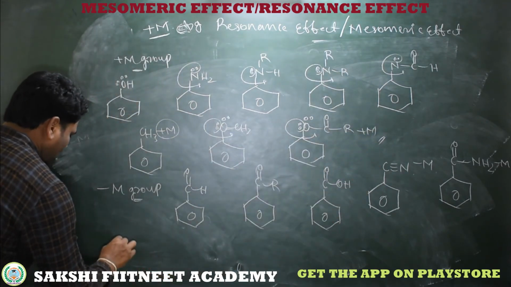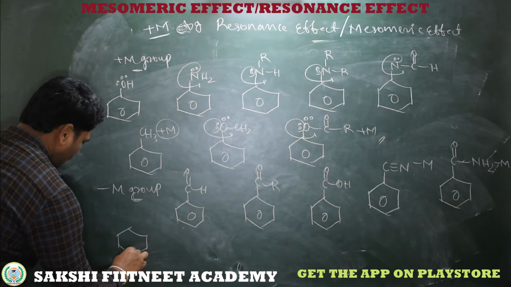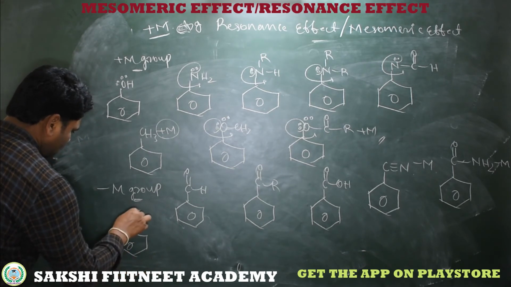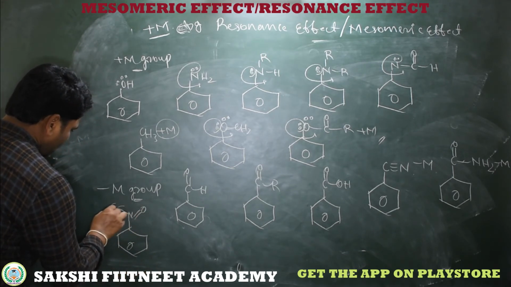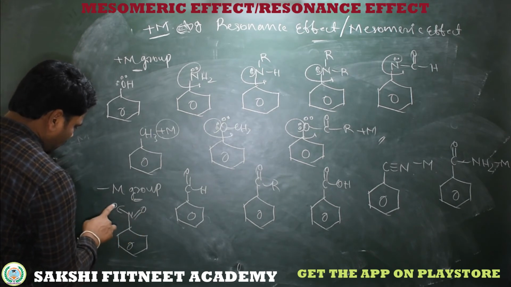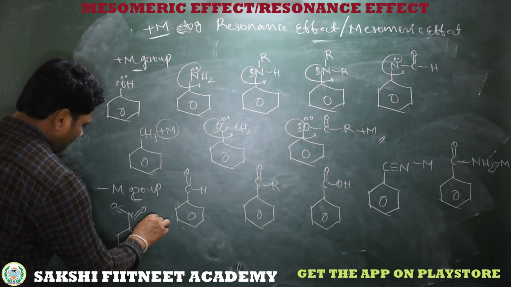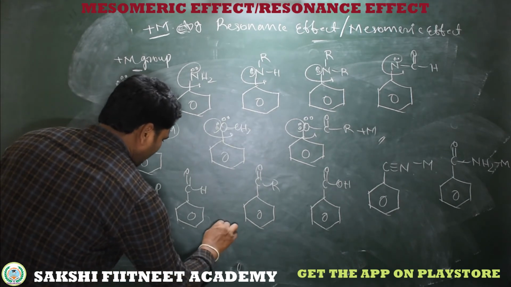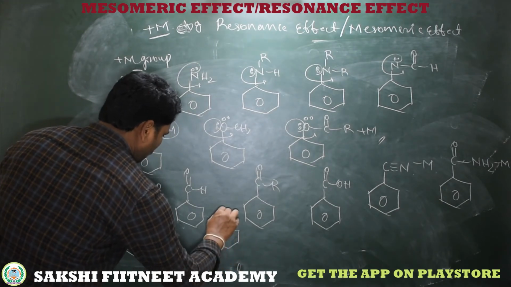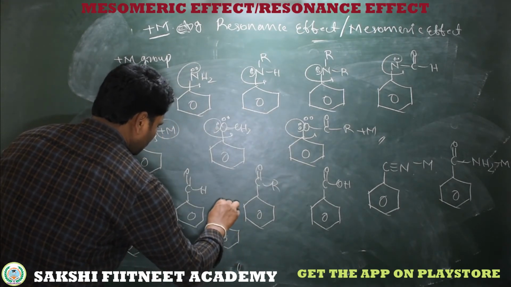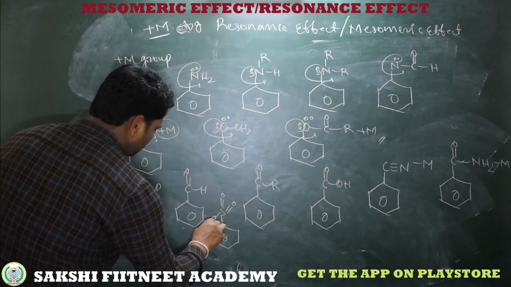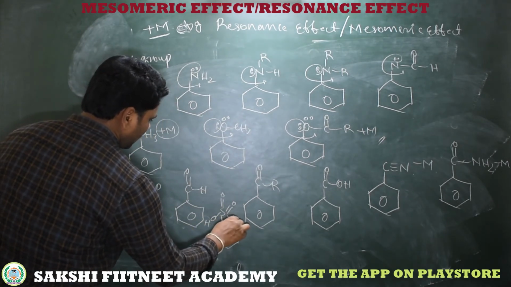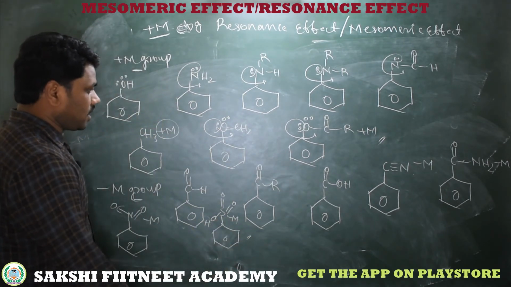And here I am taking other groups. Here nitrogen, which has a double bond O and a coordinated oxygen, acts as a minus M group. Here a sulfur group, bonded to oxygens and OH, also acts as a minus M group.